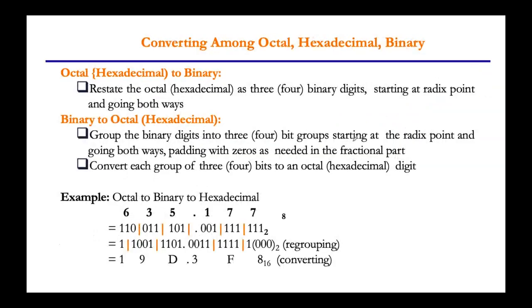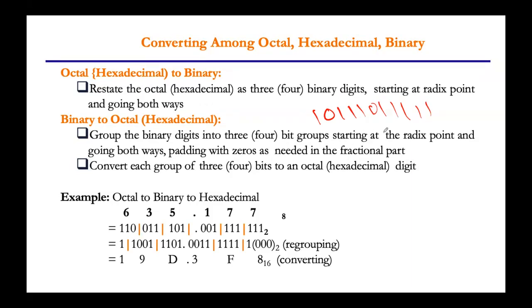So now converting among octal, hexadecimal and binary. The procedure is to restate the octal in 3 bits, because octal means 8, and 8 can be written as 2 to the power of 3, so 3 bits are enough to represent it.